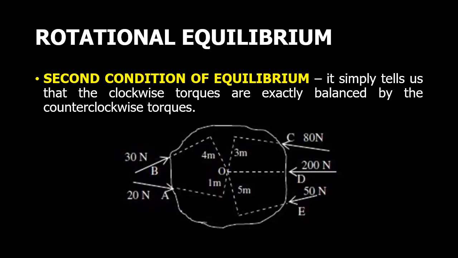So, kunwari, you have here an arm that has an axis of rotation. You applied a force here para mas madali, perpendicular agad. Let's say you applied 5 newtons.